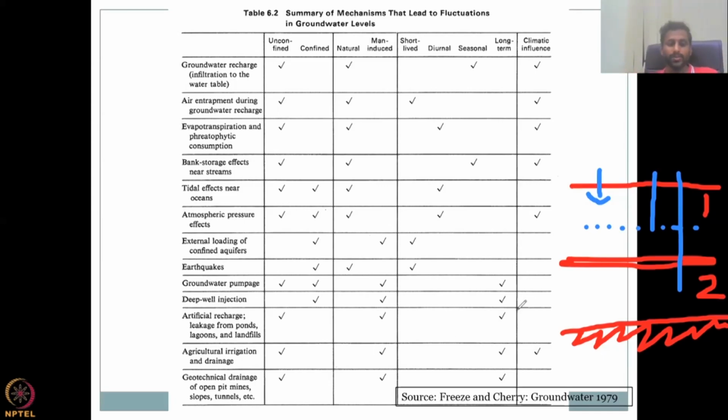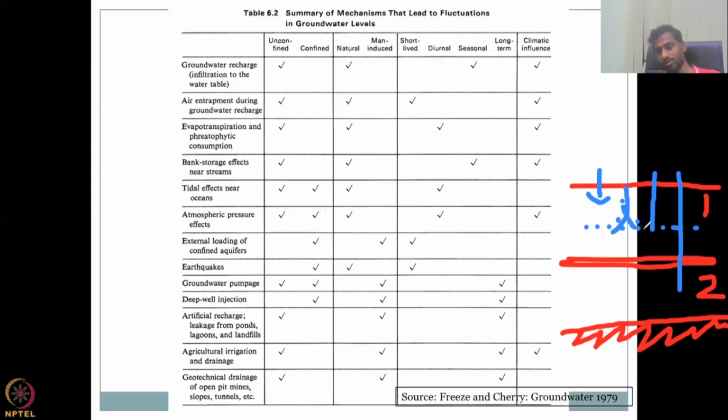Then we come to agricultural irrigation and drainage. So agriculture itself is a man-made or human-influenced process. It is happening only in the unconfined region because this is agricultural irrigation, not agricultural pumping. Okay, agricultural irrigation, you're going to put water on the surface and water recharges. It recharges only in the unconfined layer because the roots are only here.